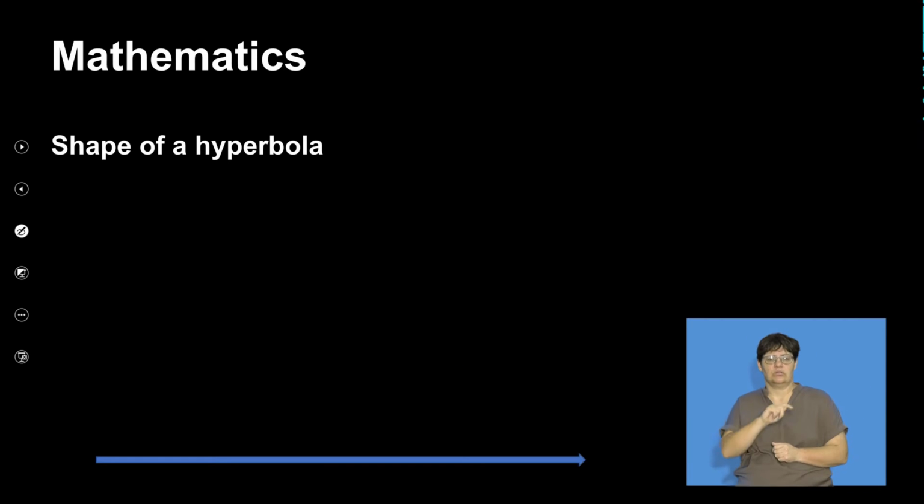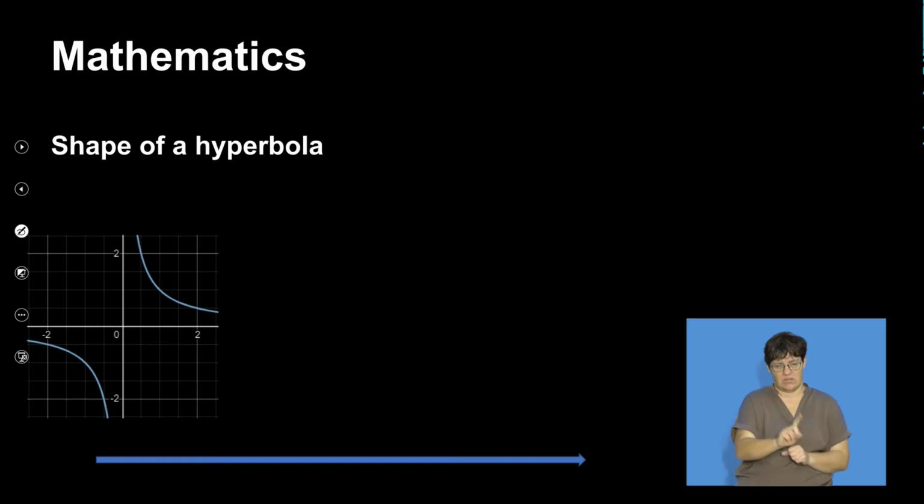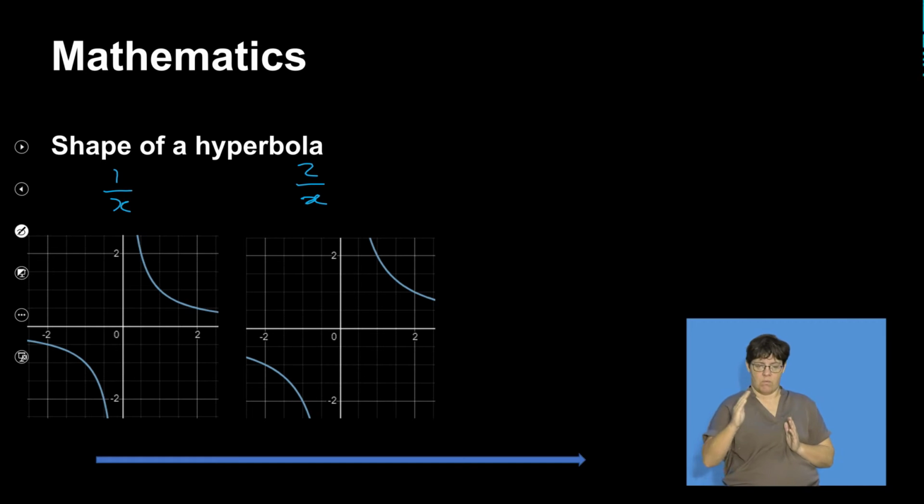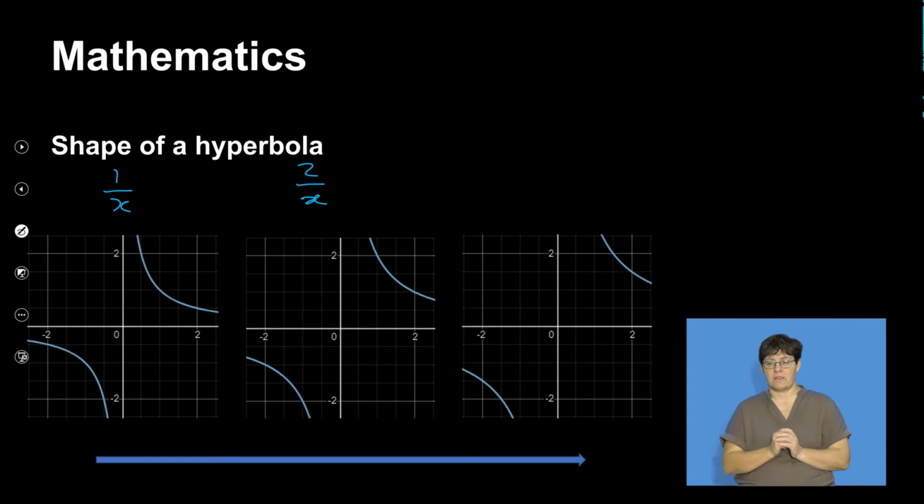Now, to demonstrate this, the first graph, we can say this is 1 over x. And then the second graph, we will say this is 2 over x. So the value of A is increasing as you're going from left to right with this particular demonstration. And then the third graph will be when I have 3 over x, right?